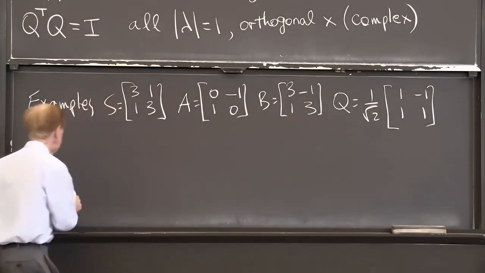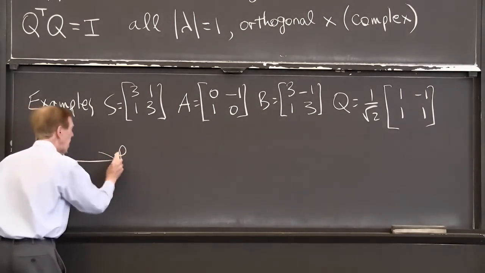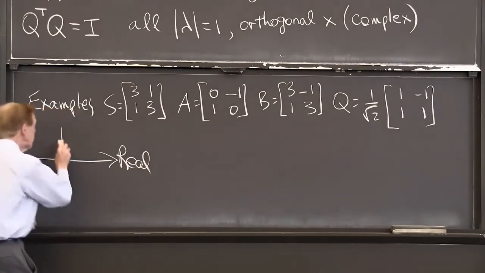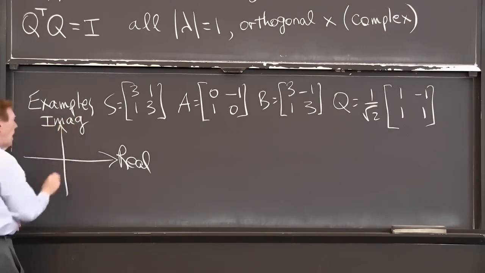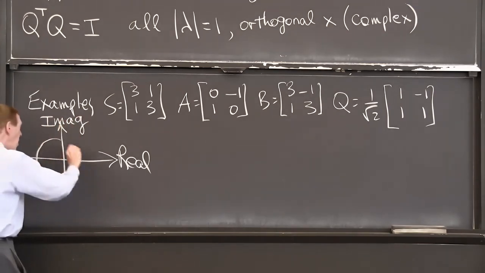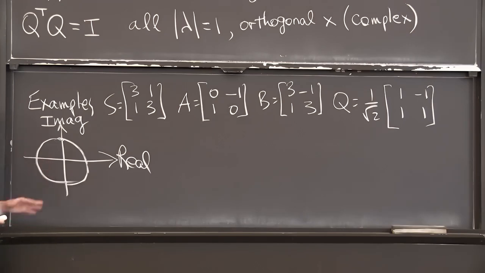You could say, can I just draw a little picture of the complex plane? There's the real axis. Here's the imaginary axis. And here's the unit circle. Not greatly circular, but close.